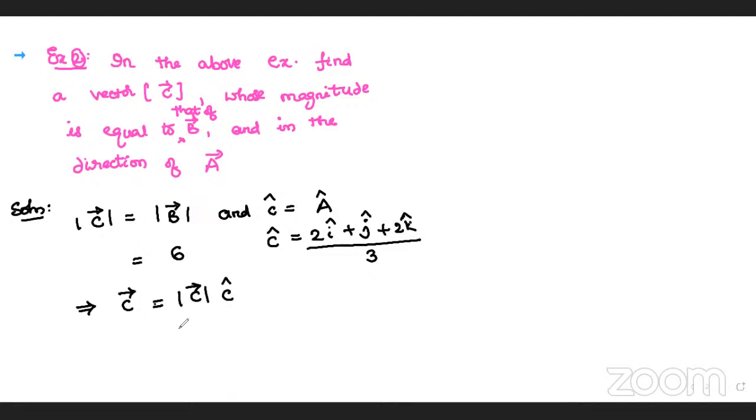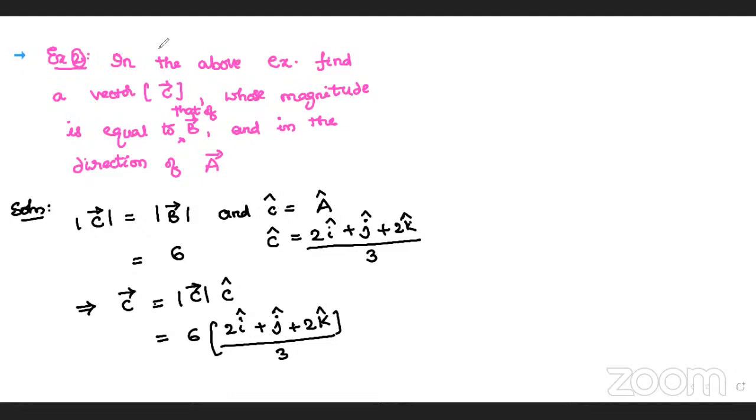Mod C bar is 6, and C cap is 2I cap plus J cap plus 2K cap upon 3. This is C cap.